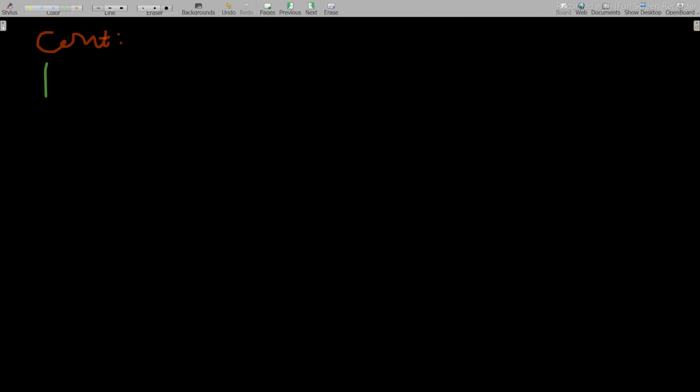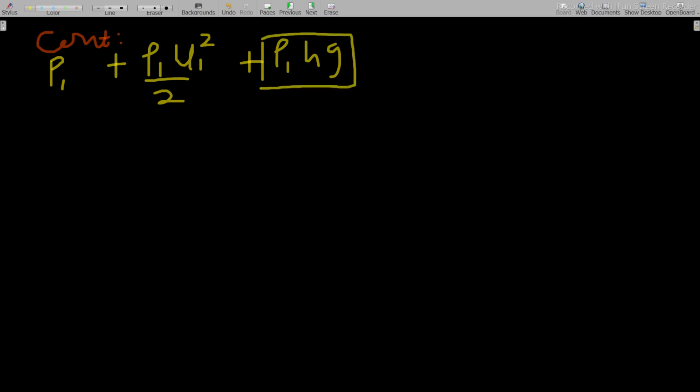It's P1 plus ρ1 u1 squared over 2 plus ρ1 hg, but this part was not given, so we ignore it and say it is 0.